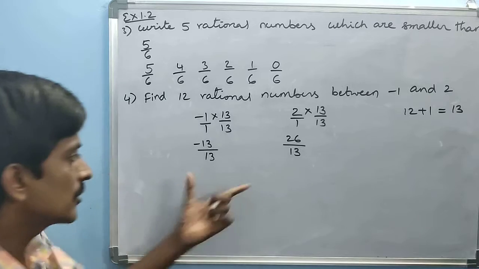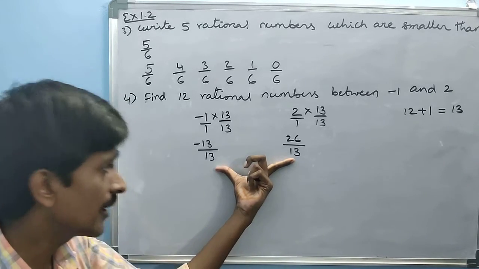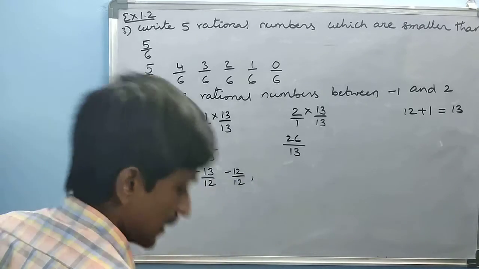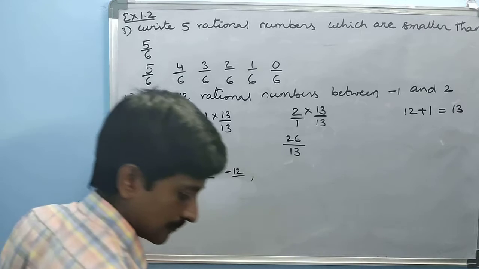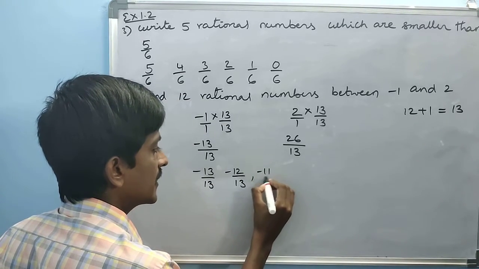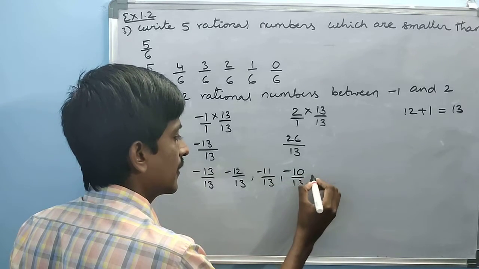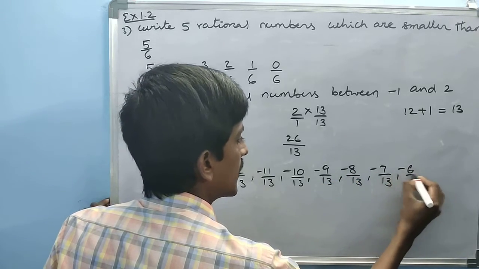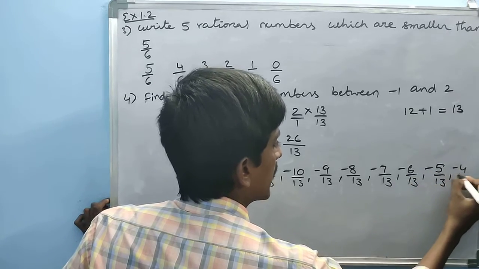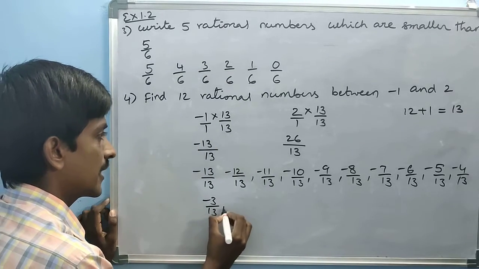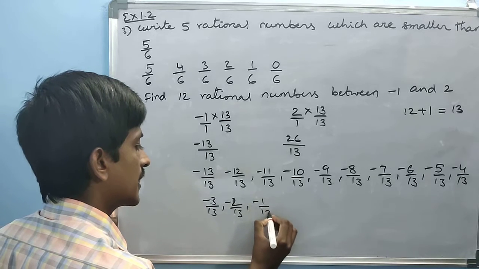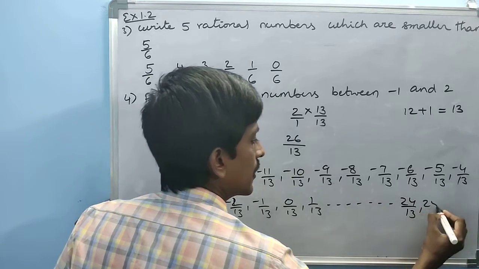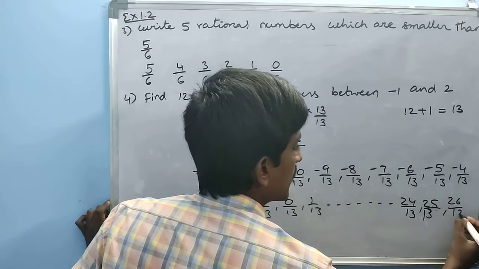13 times 1 is 13. So these two numbers are like fractions: minus 13 by 13, minus 12 by 13, minus 11 by 13, minus 10 by 13, minus 9 by 13, minus 8 by 13, minus 7 by 13, minus 6 by 13, minus 5 by 13, minus 4 by 13, minus 3 by 13, minus 2 by 13, minus 1 by 13, 0 by 13, 1 by 13, and so on, 24 by 13, 25 by 13, 26 by 13.